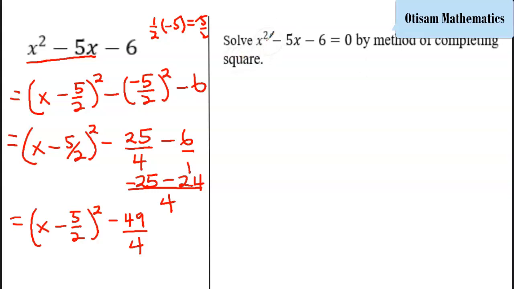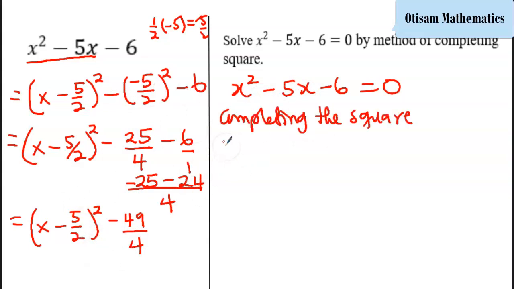Okay, solve the equation x squared minus 5x minus 6 is equal to 0 by the method of completing square. We have x squared minus 5x minus 6 is equal to 0. We have learned how to complete the square, and with this we just completed the square here, so we can easily substitute this.